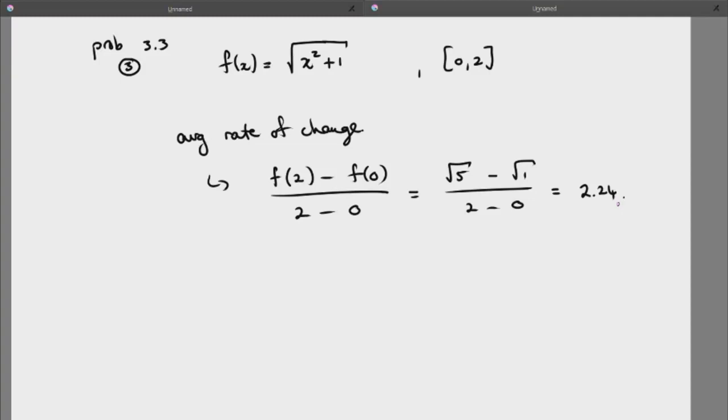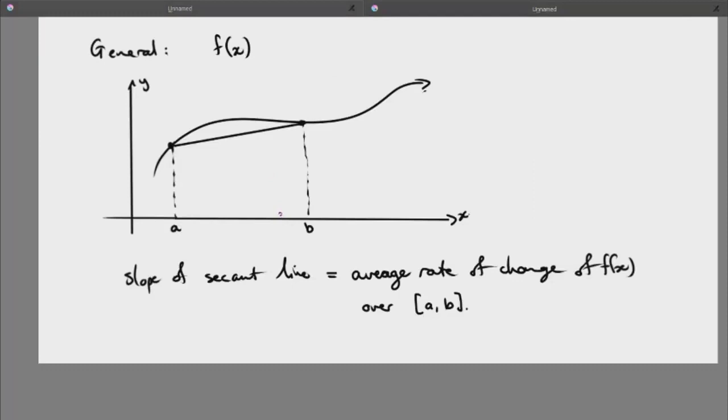Now, this is sort of the first half of it. Now you can go back and say, okay, well that's fine, but if I look at this, for example, and pretend this is the distance function, then I see that over that time window, I might not just want to know what the average is, because sometimes I go faster in that window and then I slow down, and it averages out to something.